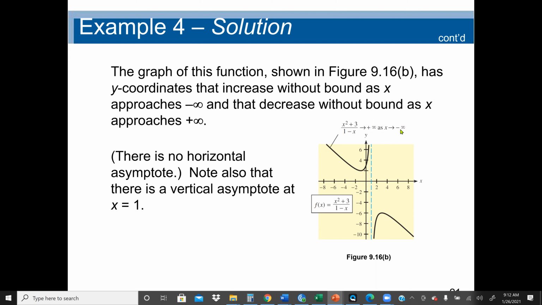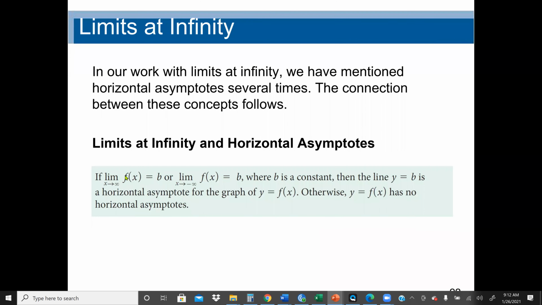So there's no horizontal asymptote, only a vertical asymptote at x equal to 1. And that's what they explain to you also. All we are looking for is the horizontal asymptotes if the limit is approaching either positive or negative infinity.